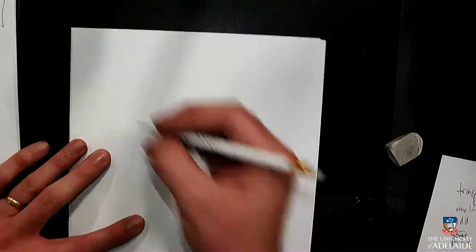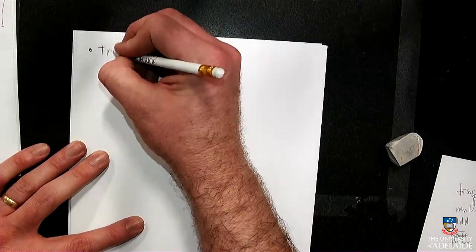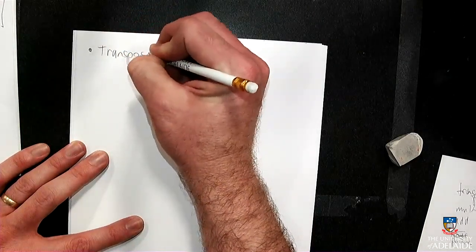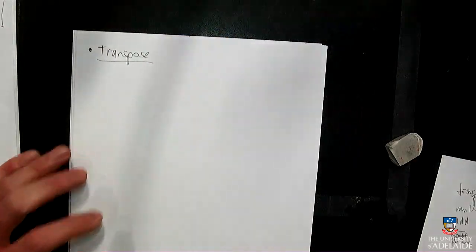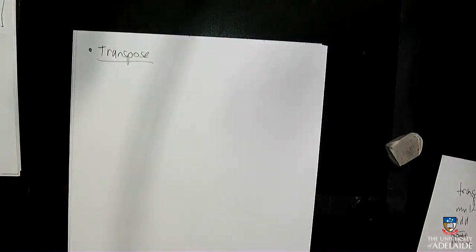Okay, so the first thing I'm going to mention is called transpose. This is a thing you can do to matrices. The reason why we have it is because it sometimes makes our writing a little shorter. And there are some cool things that come up in some really fancy maths with transposes. But for today, we're just going to tell you what it does.